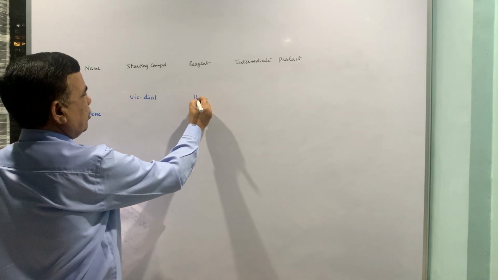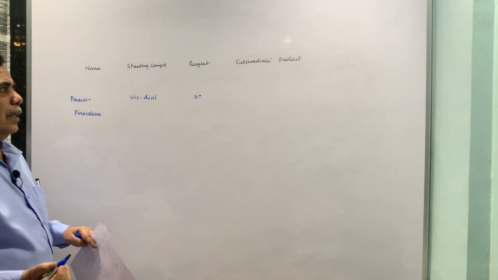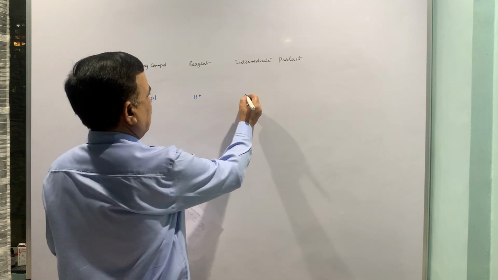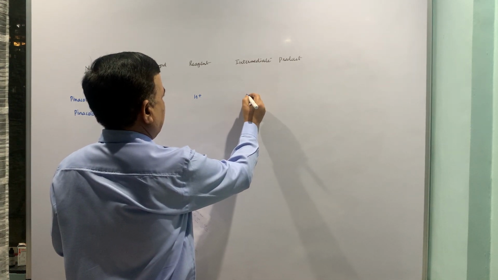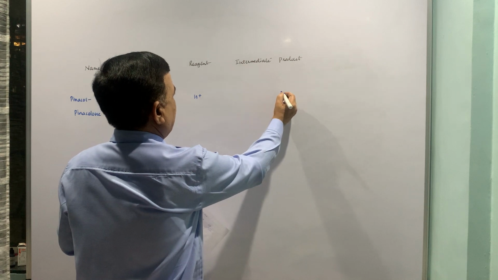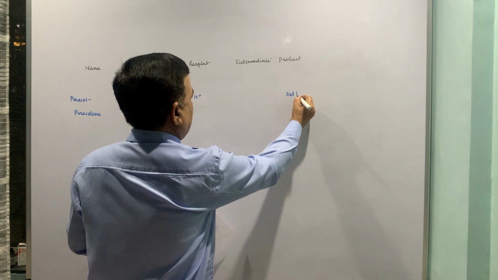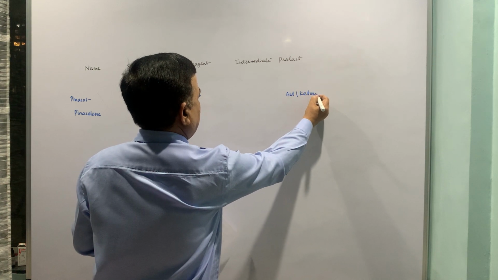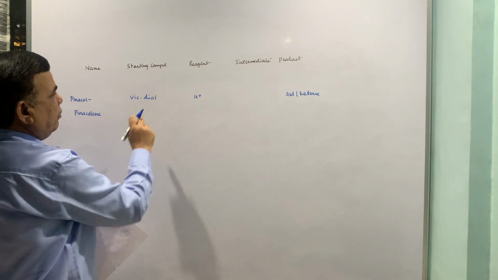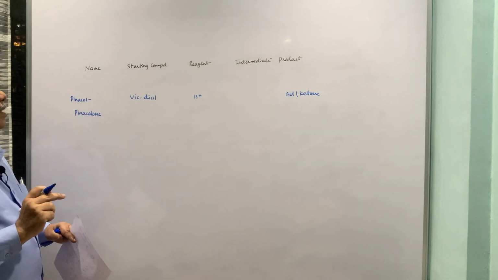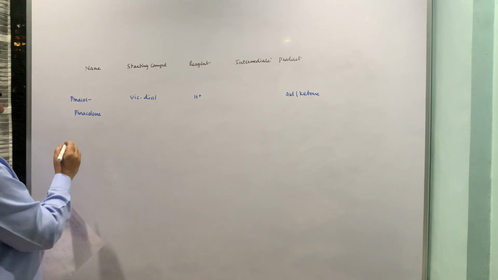Reagent is most probably a protic acid, and as intermediate I can show the carbonium ion, and product is going to be an aldehyde or ketone depending upon the substrate. So, once you know that you are working with a vicinal glycol, the chances of a pinacol-pinacolone rearrangement are very high.